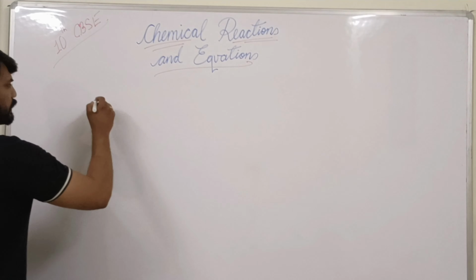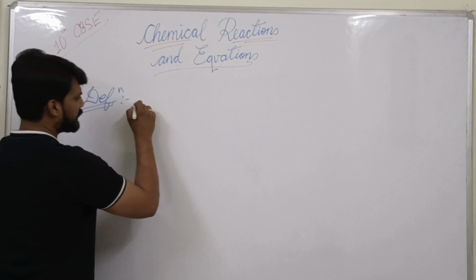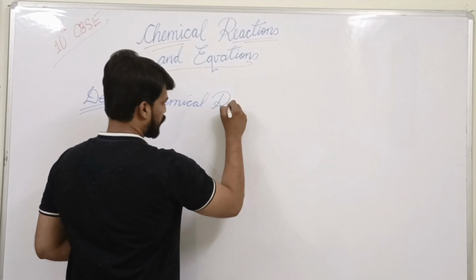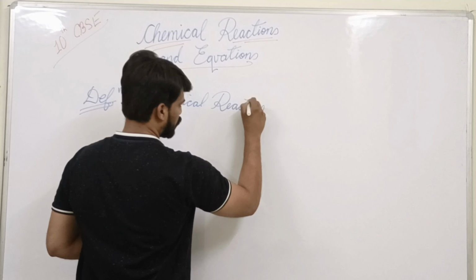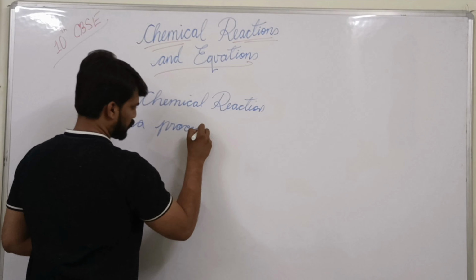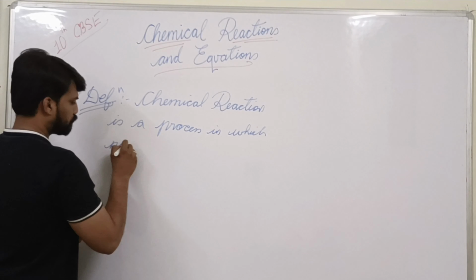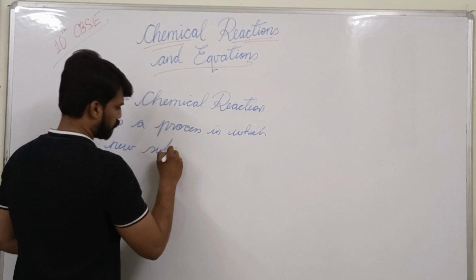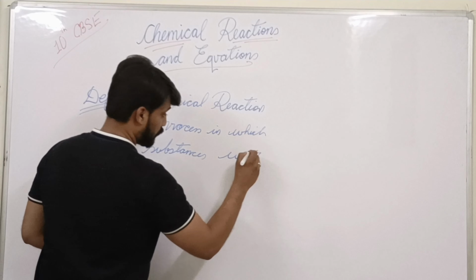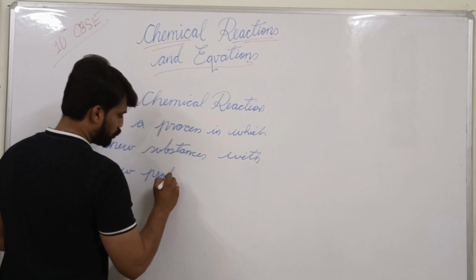Okay, so how can we define the chemical reaction? We can say that a chemical reaction is a process in which new substances, always remember, with new properties, are formed. Whatever product has been formed has new properties.